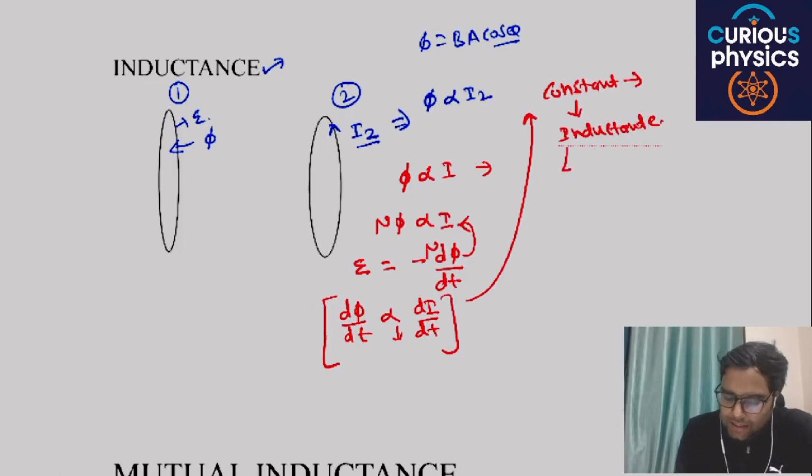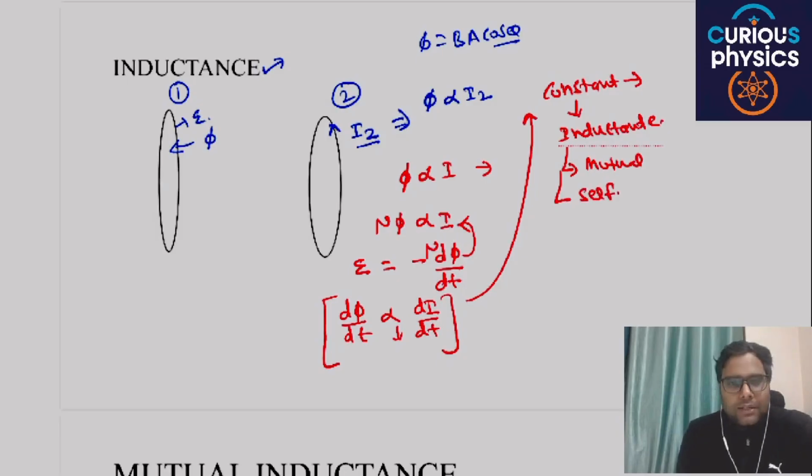And inductance is of two types. One is mutual inductance and the second is self inductance. Are you able to understand my point? Mutual inductance is denoted by M and self inductance by L. Okay, first thing is this.